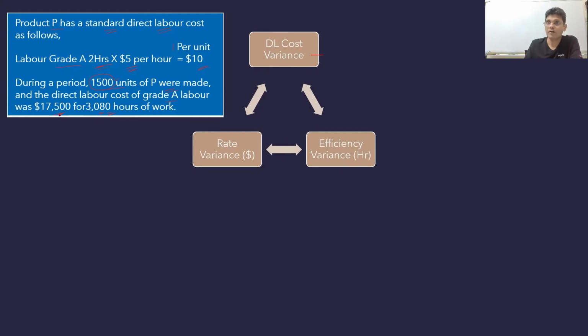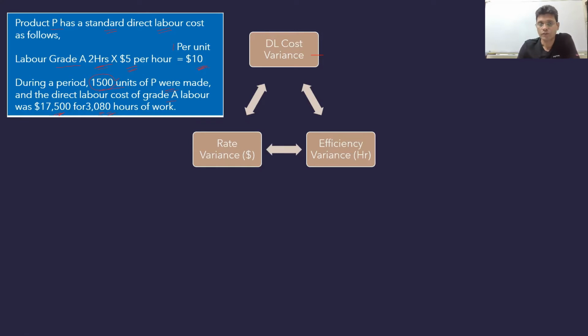So $17,500 was your actual cost incurred. How much should you have incurred to produce 1,500? Per unit cost is $10 per unit. So therefore you should have incurred $15,000, right?